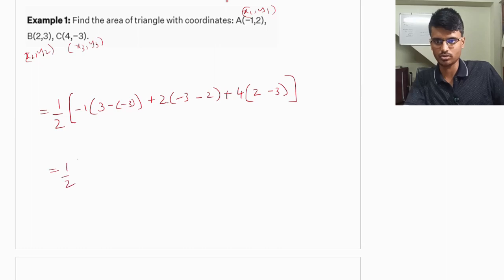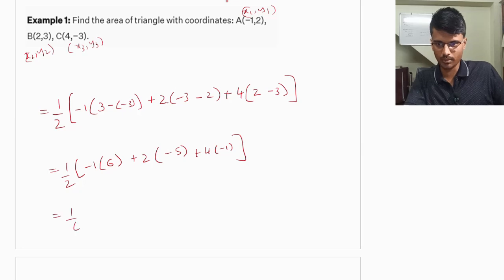1 by 2, minus 1. So 3 plus 3 is 6 plus 2 minus 5 plus 4 minus 1. 1 by 2 minus 6 minus 10 minus 4.